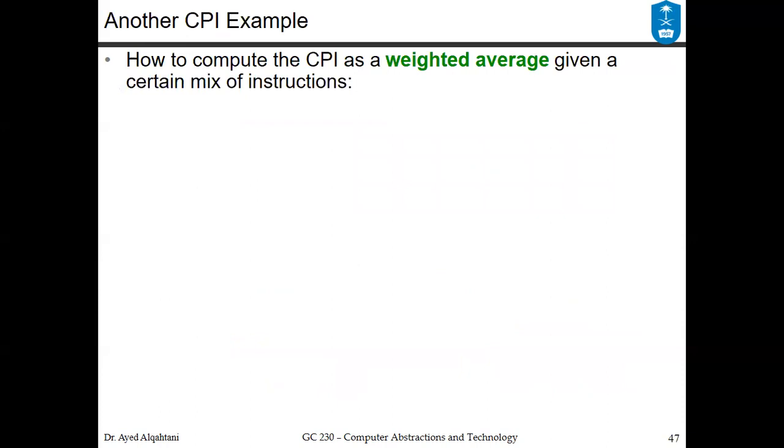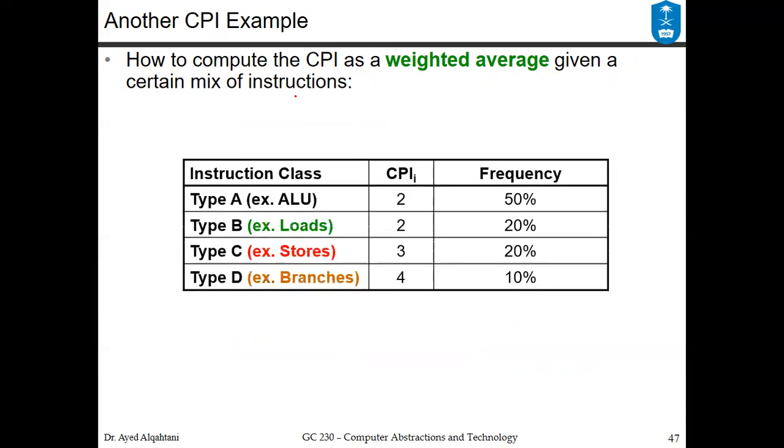Now, here's another CPI example, which is actually very important, because it shows how to compute the CPI as a weighted average given a certain instruction mix. This table tells you that you have 4 classes or 4 types. The first type is the ALU, meaning addition, subtraction, ANDing, XORing, things like this.